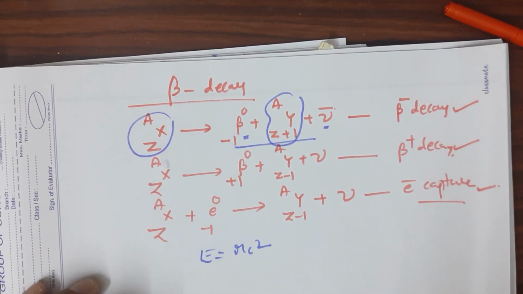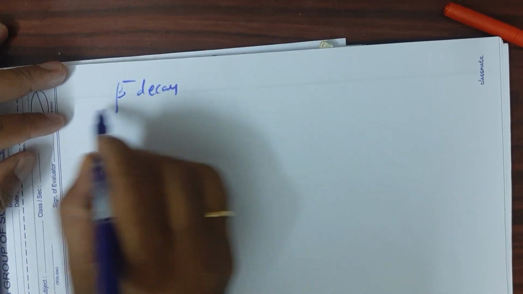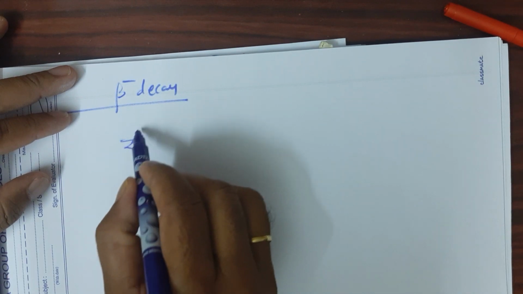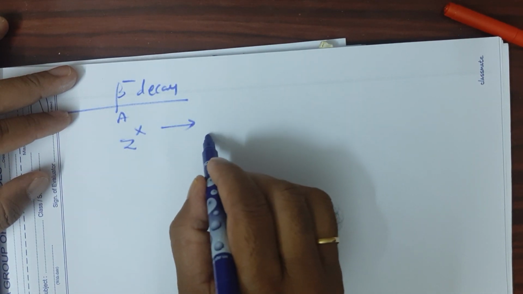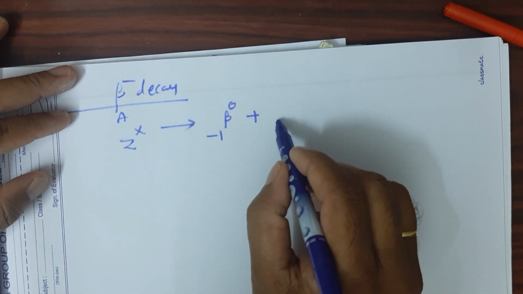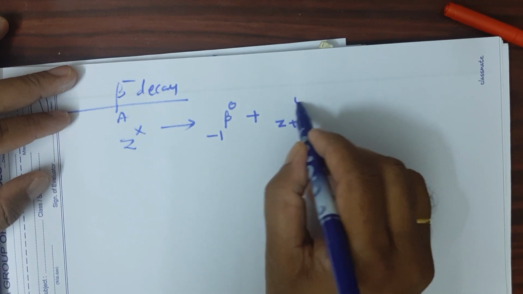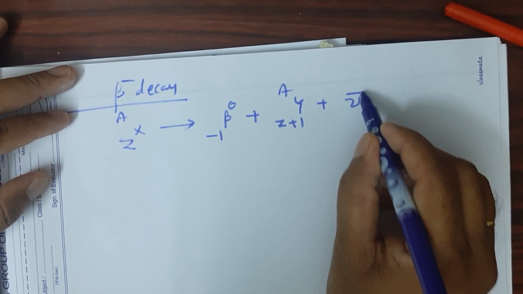So let us see one by one. In the first, consider the beta minus decay process. For that, what reaction do we have? ZXA gives rise to minus 1 beta 0 plus Z plus 1 YA plus antineutrino.